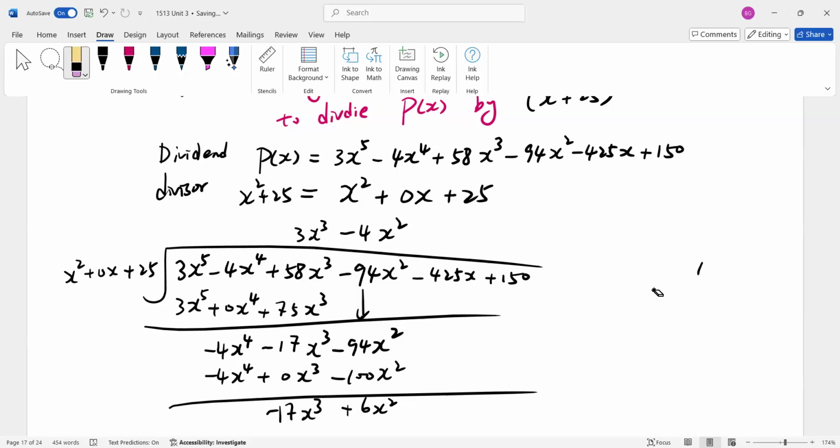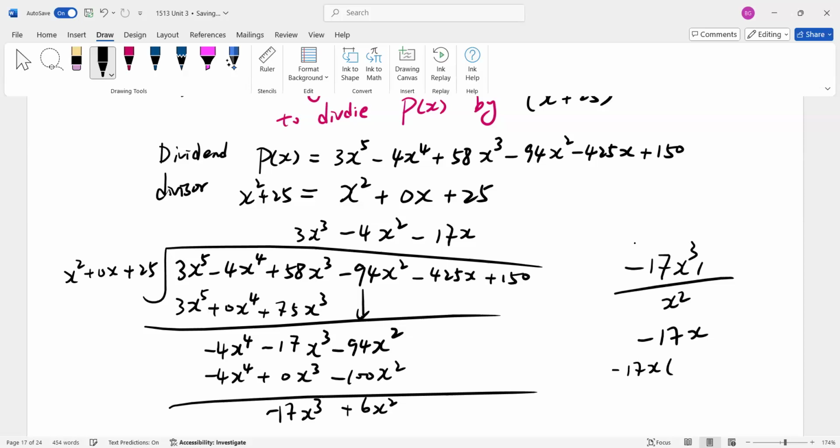I hope you guys are with me. Use negative 17x cubed over x squared. The quotient is negative 17x, and then multiply negative 17x by the divisor, x squared plus 0x plus 25.